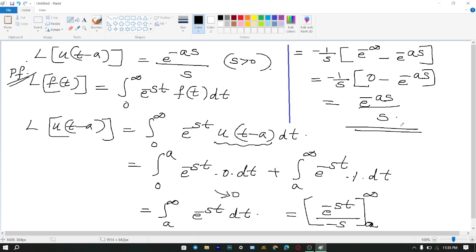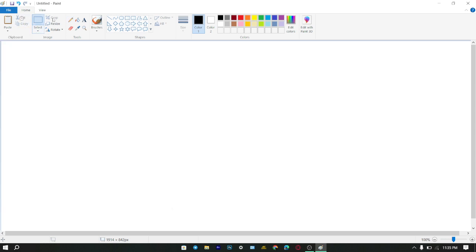Now we can move to a problem. The question is like this. Find L inverse of e raised to minus 3s divided by s cube.